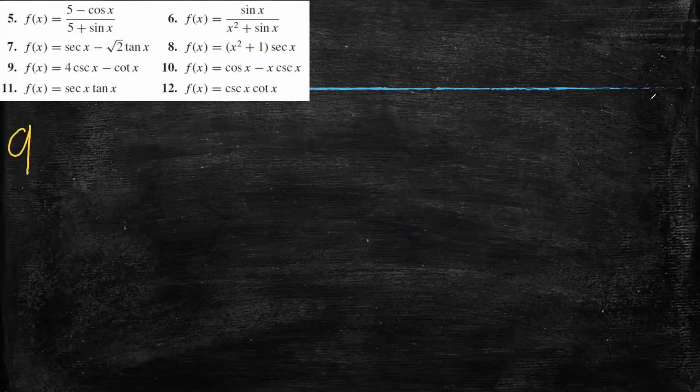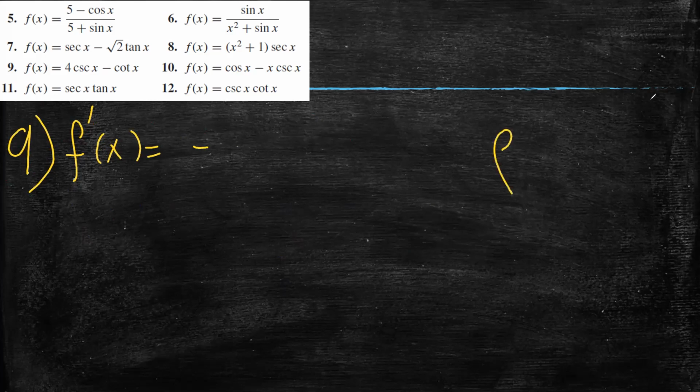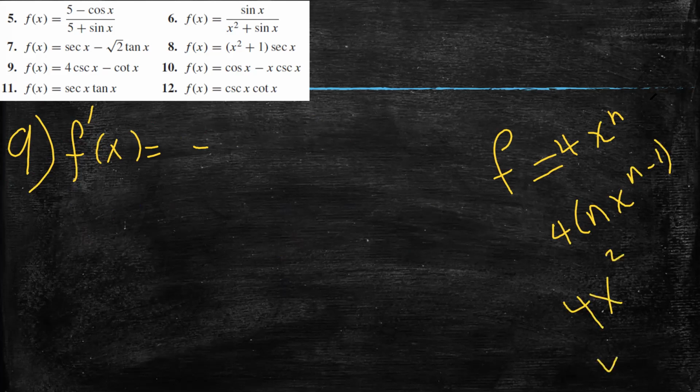So, teacher, yes, why doesn't the 4 become zero? Because it's like a 4, we said if we have 4 times x to the power n, we say 4 times n x raised to the power n minus 1, gave 4x, or 4x squared, which we just pick 4 outside, and then we must find the derivative of x squared.